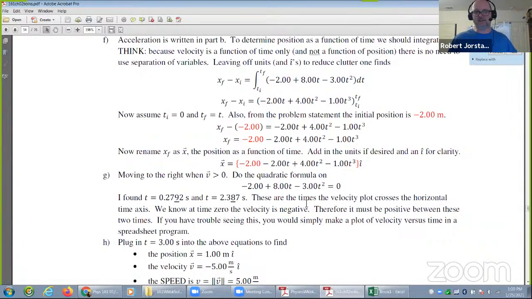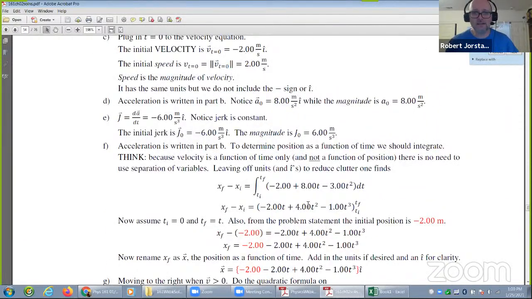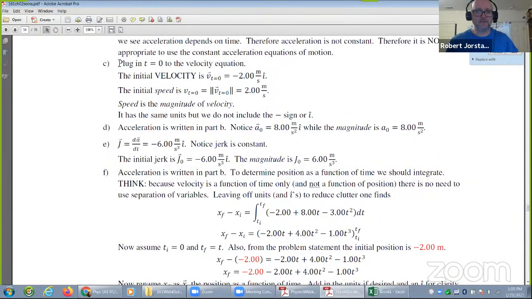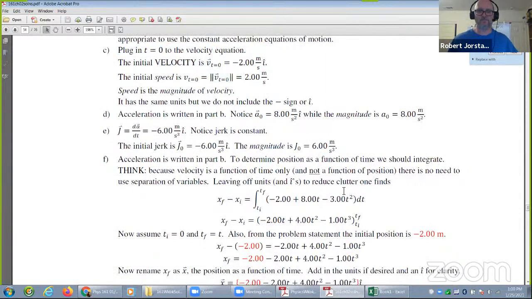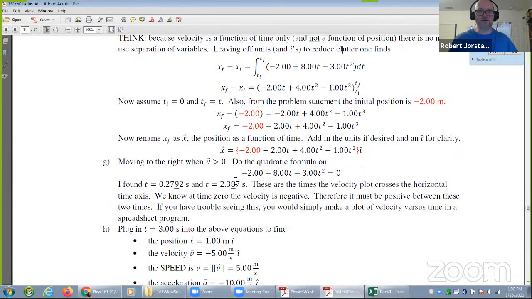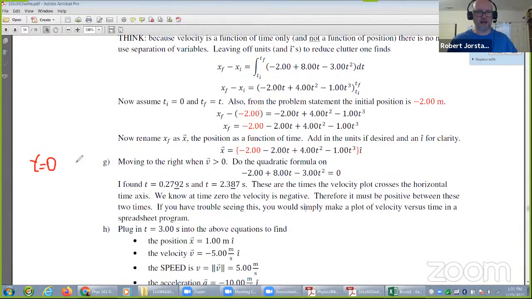Now, here's the other thing you could do. We know at time equals 0, the velocity is negative in this special problem. We did that in part C, where we said the initial velocity was -2. So we know that at t equals 0, velocity was less than 0.